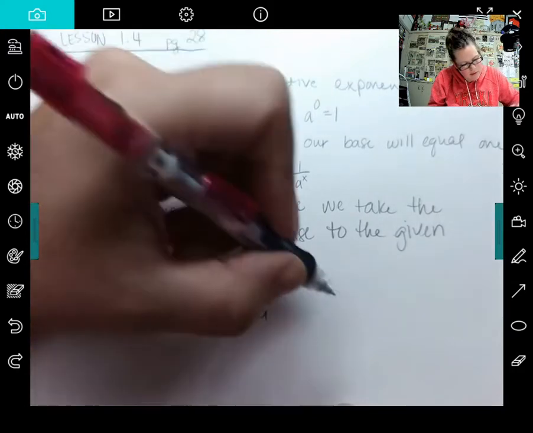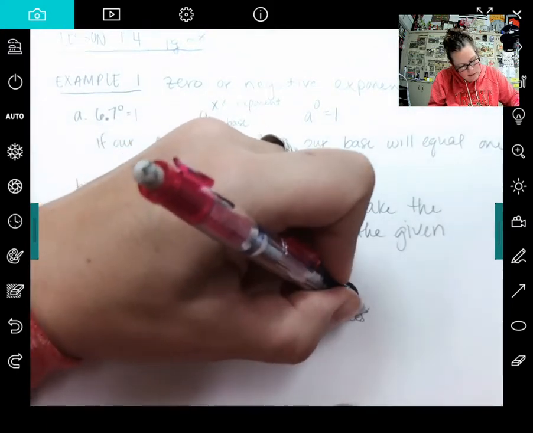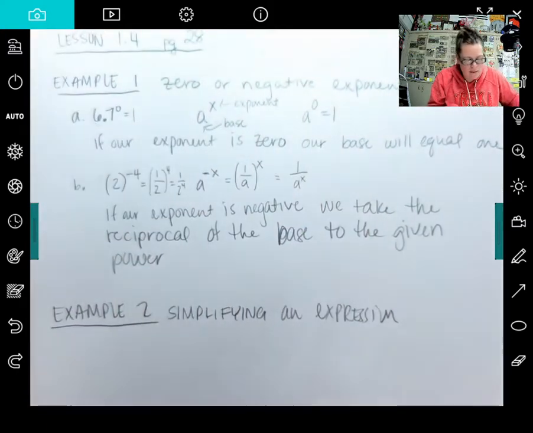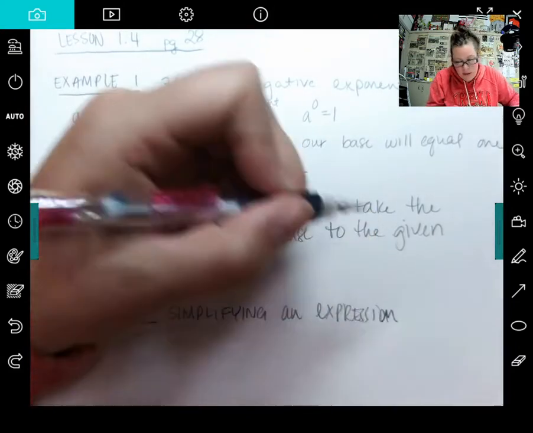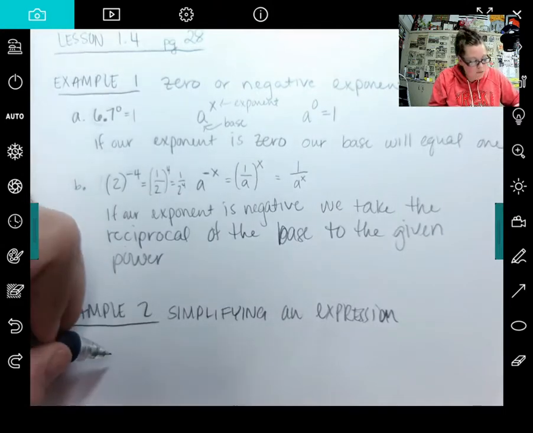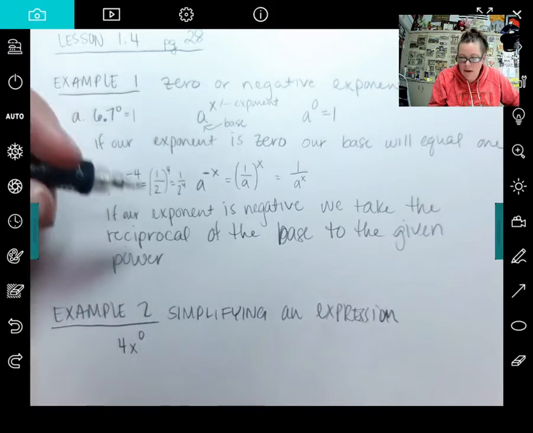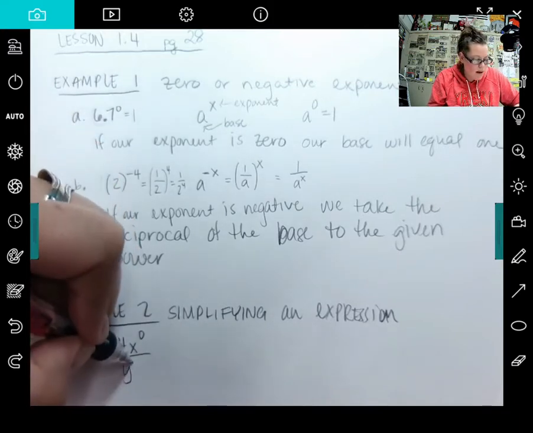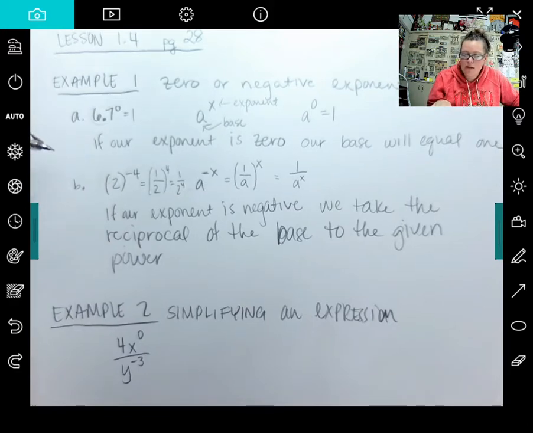Wow, that is terrible handwriting. I'm sorry. Simplify the expression 4 times x to the 0th power over y to the negative 3rd power. Write your answer using only positive exponents.